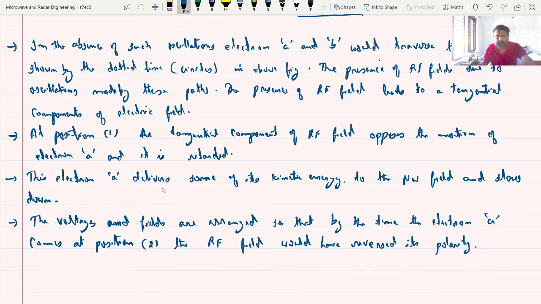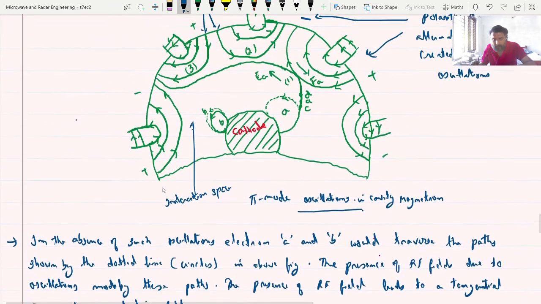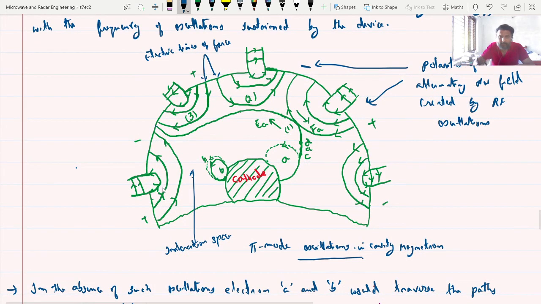Okay, you can see that. At position 2, it reverses its polarity. You can see that when it reaches here, it reverses its polarity.